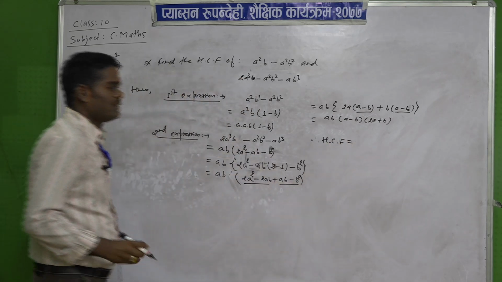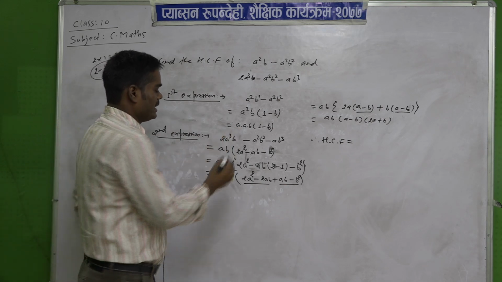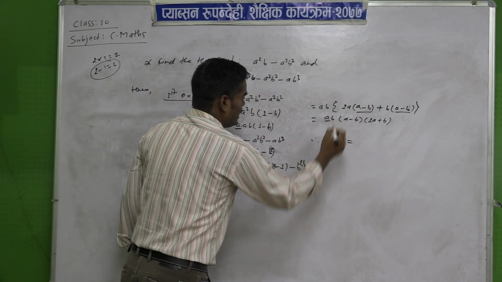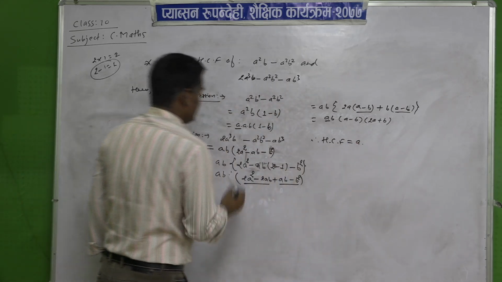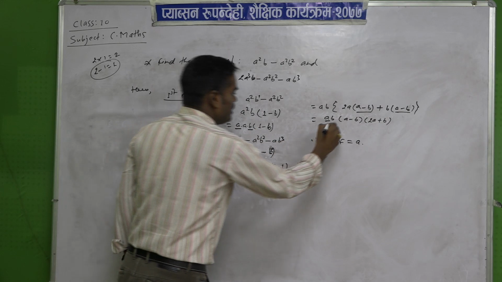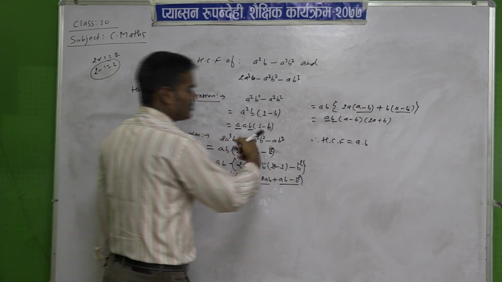So first see here, what is common here? a, it should be in both expressions. So a is outside the bracket, b is here, both are common. This a has no pair, so leave it.